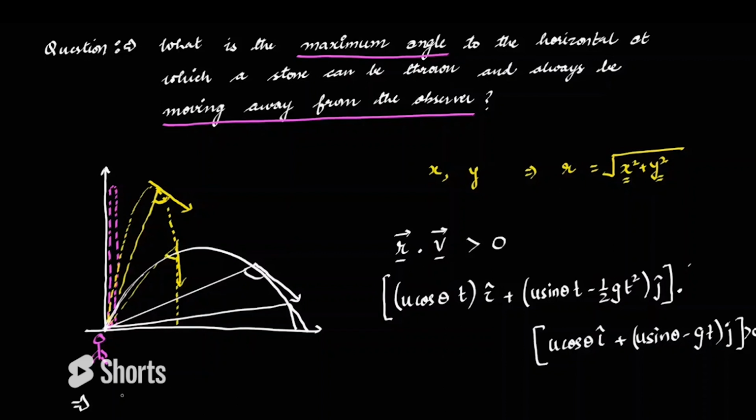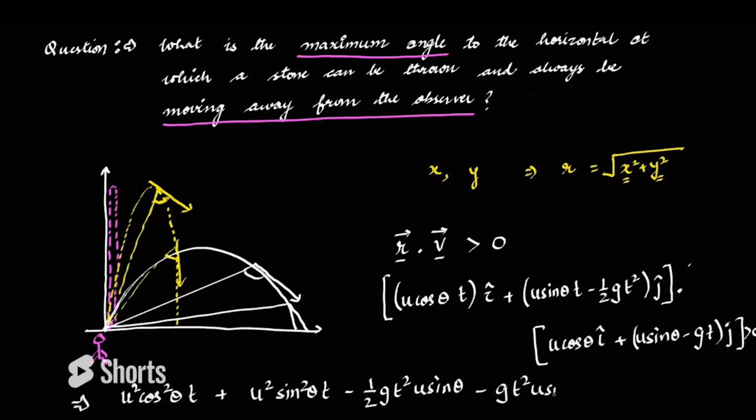So i dot i is 1, u square cos square theta will be the first term into t, and then this is multiplied, i dot j is 0, and therefore j dot j will become u square sine square theta into t minus half g t square u sine theta, and then we will have minus g t square u sine theta, and then we will have plus half g square t cube, and this is greater than 0.